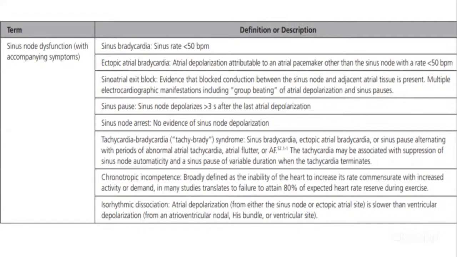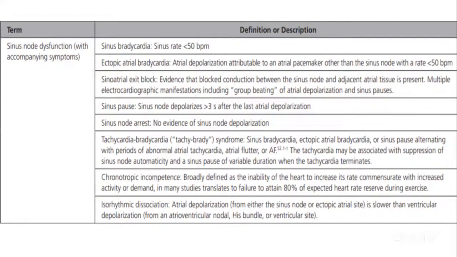But when there is a problem with the sinus node, the heart is not able to do that. The heart is not able to move the activity to match up with the level of the exercise that is going on. And this is practically defined as when you cannot achieve 80% of the expected heart rate during the period of exercise, then you say the patient has chronotropic incompetence.